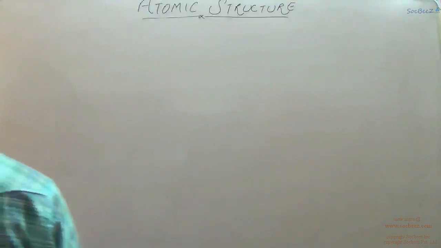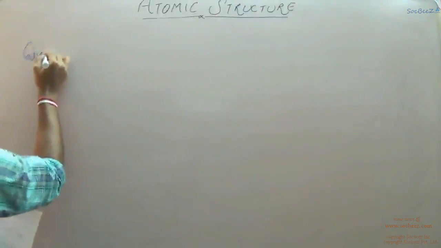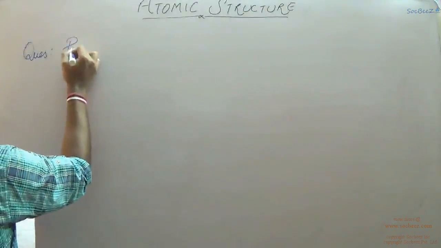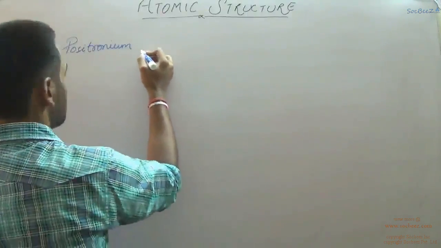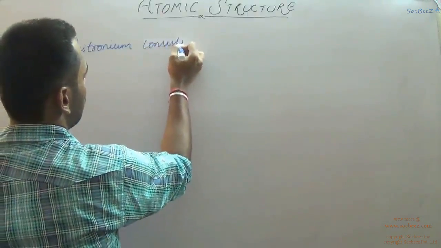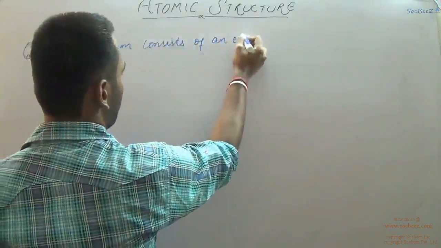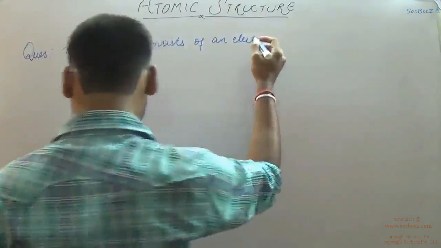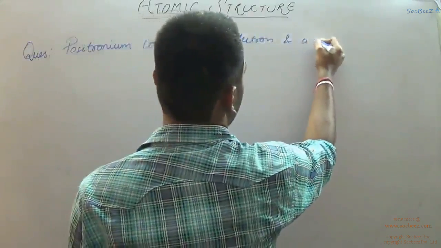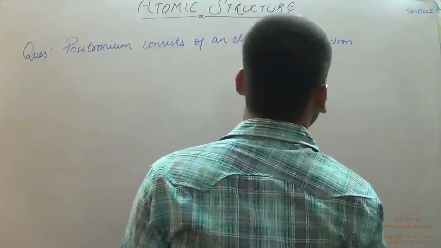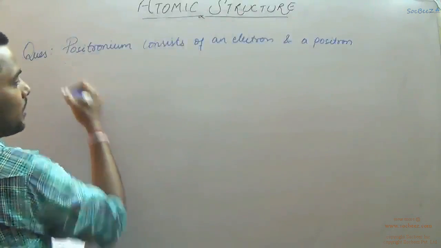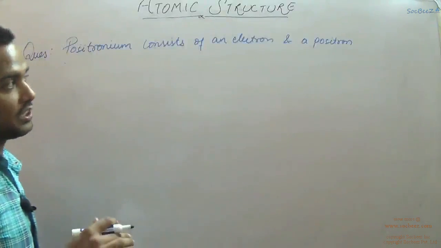The question says: positronium consists of an electron and a positron. In this case, the mass of the positron is equal to the mass of the electron, but the charge is opposite.